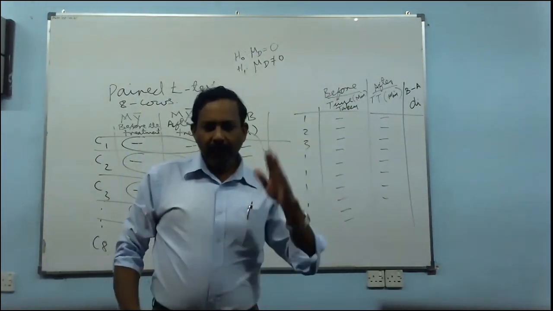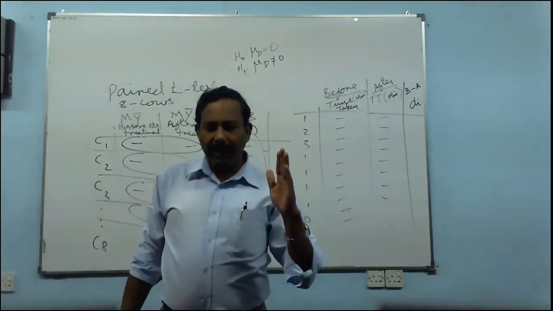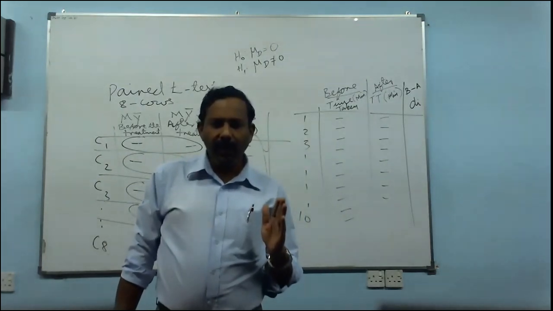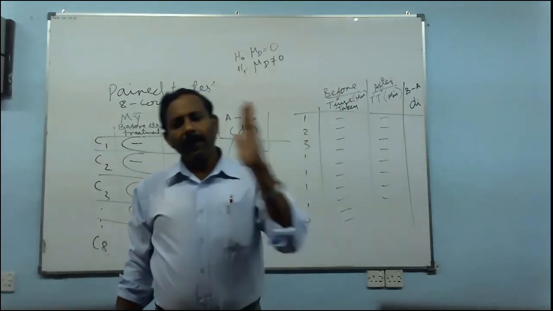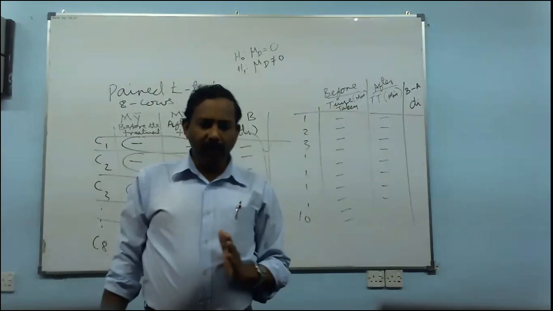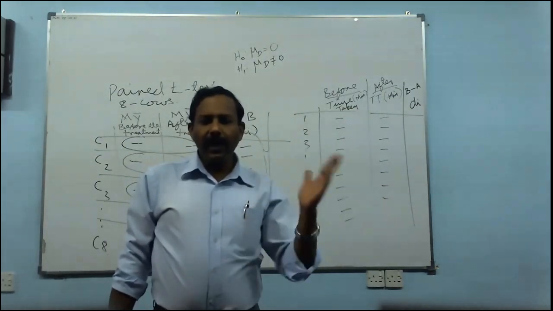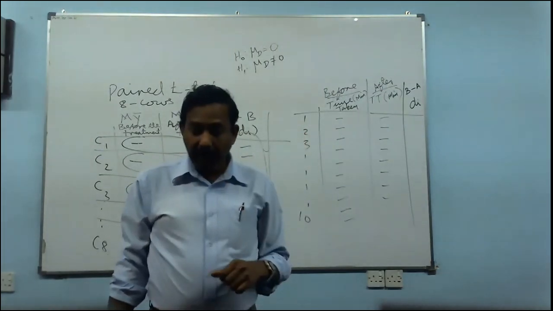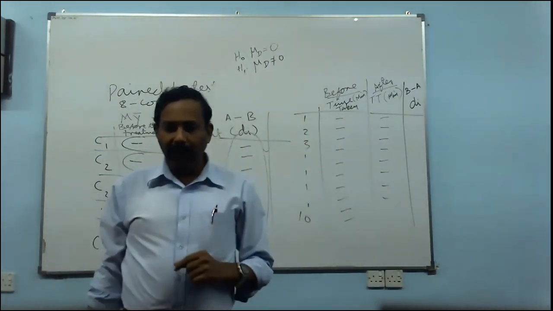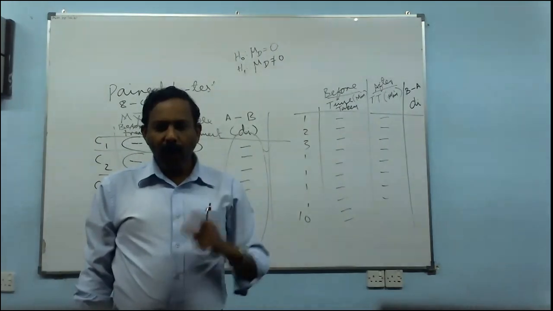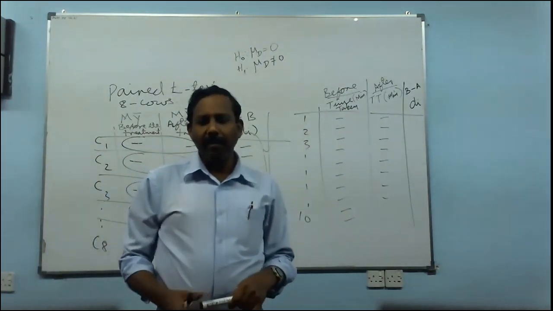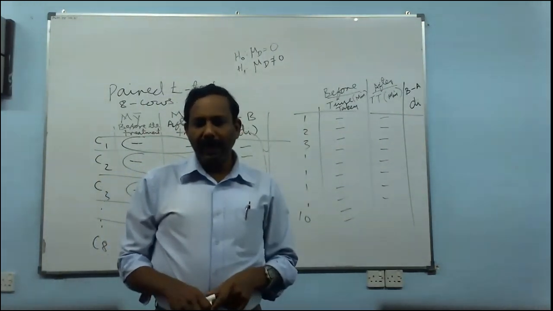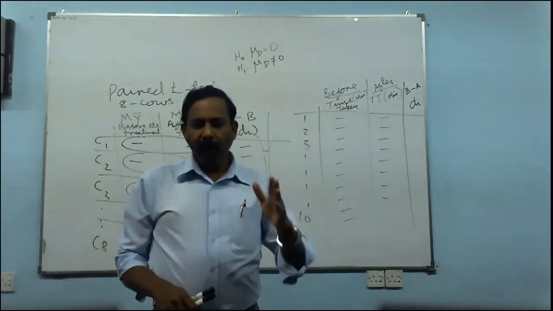Before giving the medicine, I took the cholesterol level. After giving the medicine, I took the cholesterol level. Now we have the difference. Somebody already said before minus after. How can we formulate our null hypothesis and the alternative hypothesis for the cholesterol case?